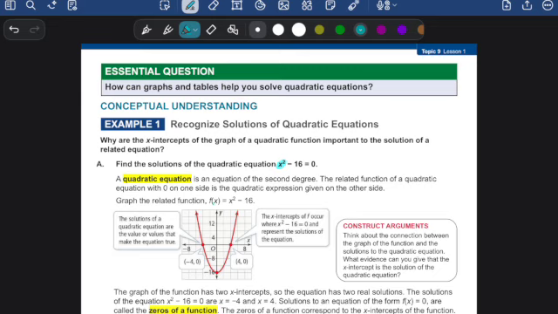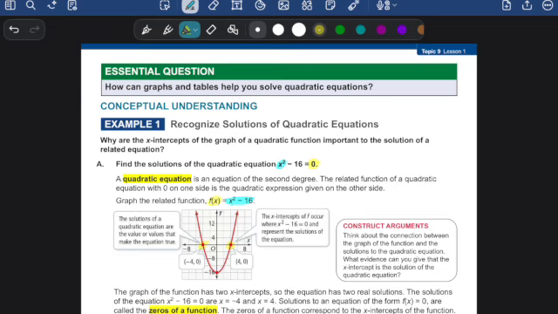It can be a trinomial as well. So it's that quadratic expression equal to the output. But when we are solving quadratic equations, we're looking for when the output is equal to 0. When the output is equal to 0, that is what's called the zeros of a function. It makes sense. So basically we're just looking for the x-intercepts of our parabola.